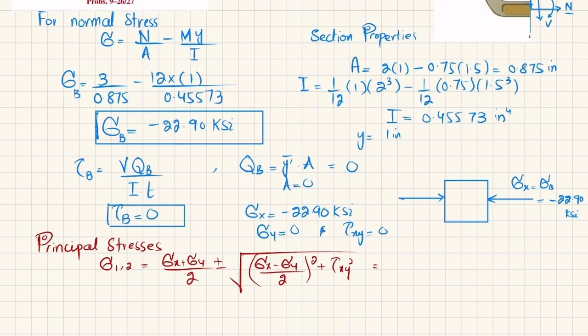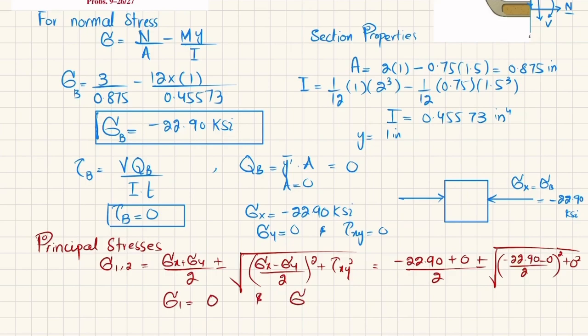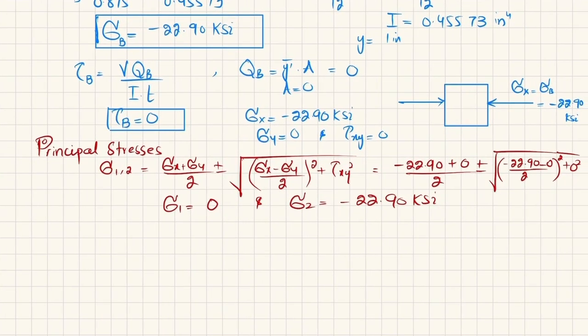So put the values: sigma x is minus 22.90 plus 0 divided by 2 plus or minus the square root of (minus 22.90 divided by 2 minus 0) squared plus 0 squared. When you solve this, you will get sigma 1 equal to minus 22.90 divided by 2 plus 22.90 divided by 2, which is equal to 0. And you will get sigma 2 equal to minus 22.90 ksi.